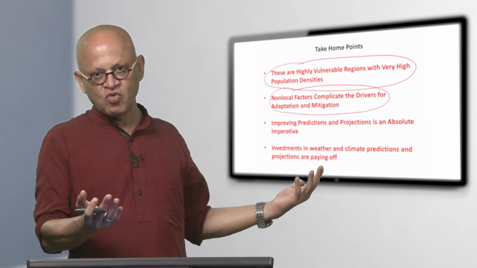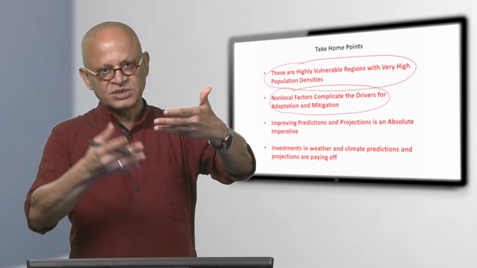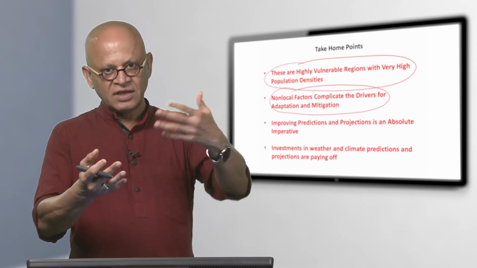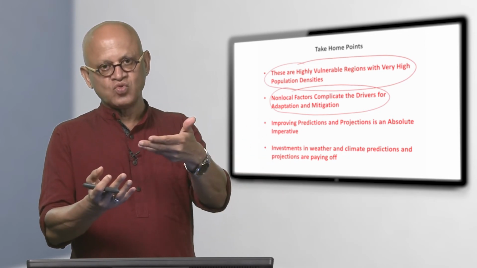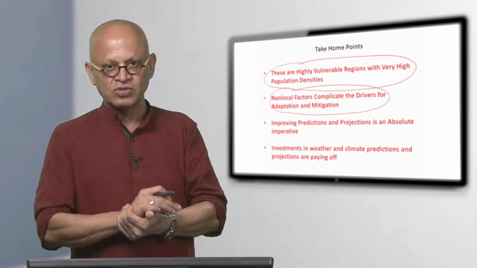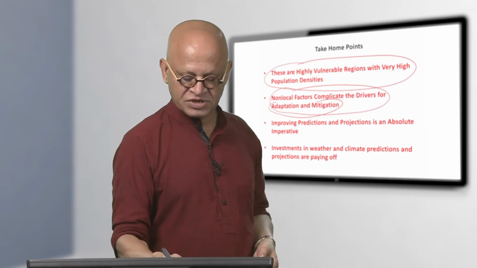Moisture is coming from the warming of the Arabian Sea. So, even if you improve conditions over land, if the Arabian Sea is able to pump moisture, what will it do to extremes as we go into the future? So, adaptation mitigation, which is focused on local factors like improving land use, forest cover, etc., energy use and so on.